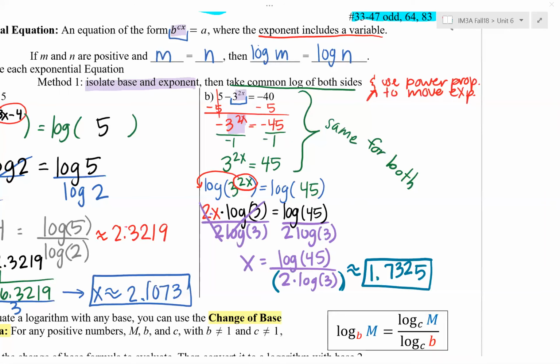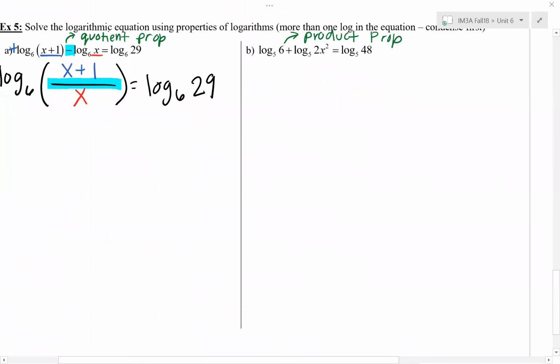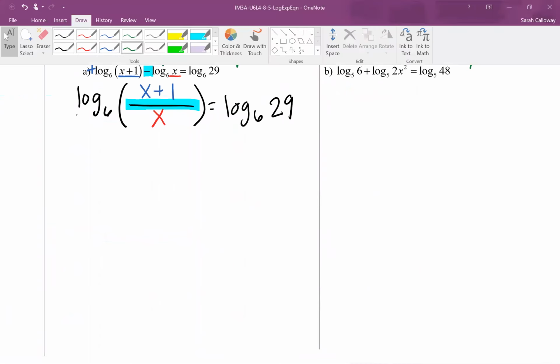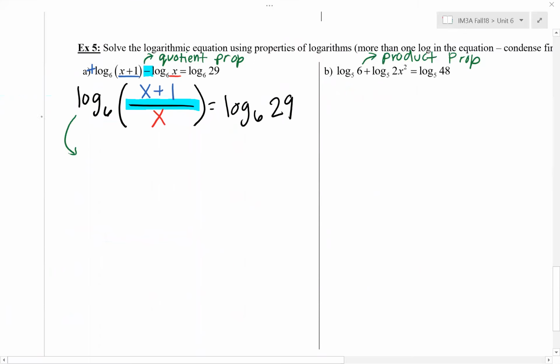So I can now ignore the logs, is what this property says, and rewrite this without them. I can ignore the logs because they're the same.